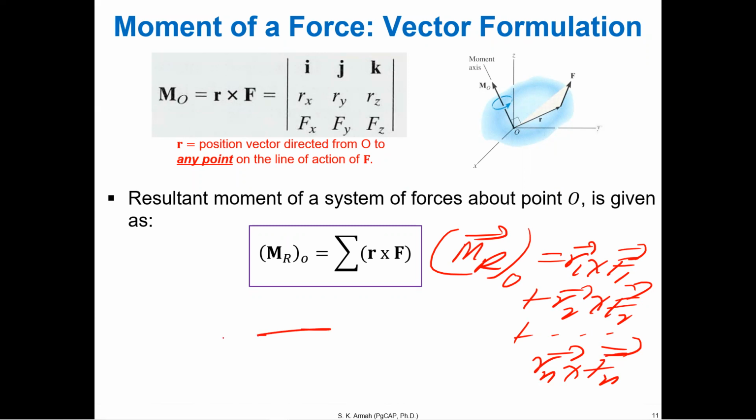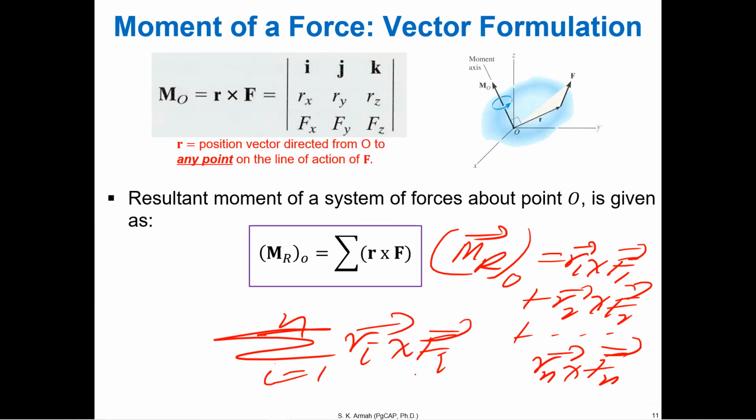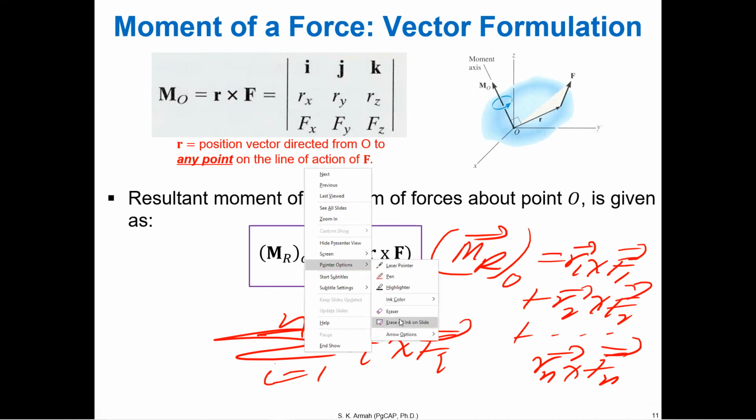Or this can be written in short as the summation of i from 1 to n of r_i cross F_i. But in short, we drop those subscripts and we just say summation of r cross F. So if you have more than one force, that's what we do.